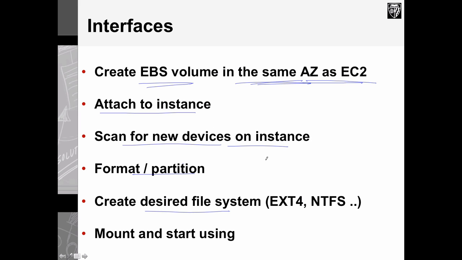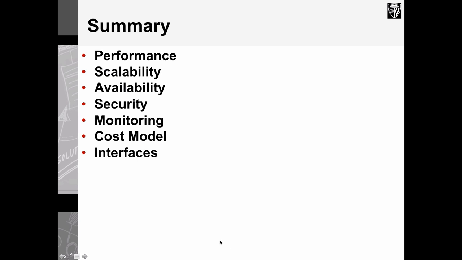On Linux systems, you primarily create ext4 or ext3 file systems. On Windows, we create NTFS file systems. And then when the file system is created, you mount the file system and start using it. So this is the gist of creating an EBS volume, attaching it to the instance, formatting it, creating the file system, mounting it, and using it.